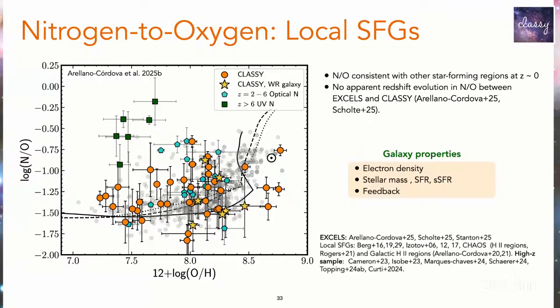One of these things is not only the age of the younger stellar populations, but also the accretion rate. When you go to high redshift, you have higher accretion rates, so you have more hydrogen going into the galaxies.